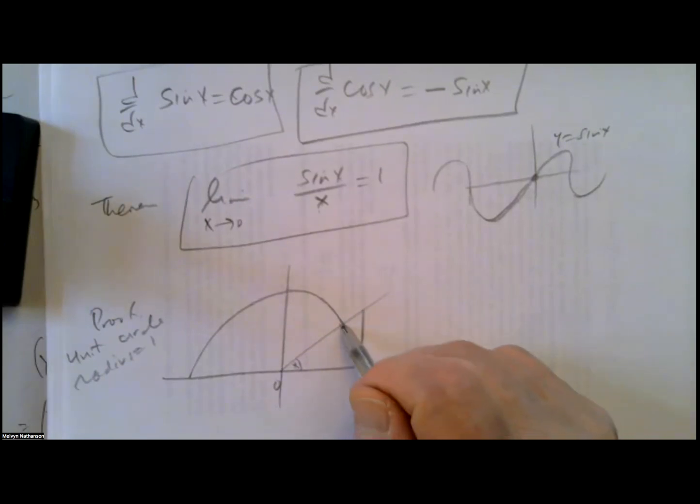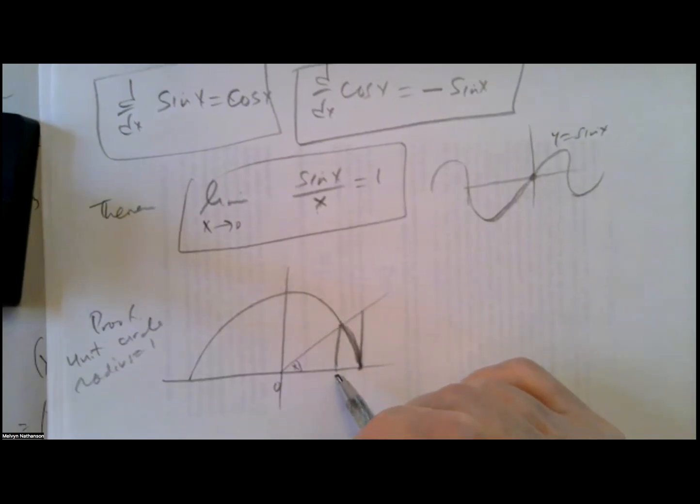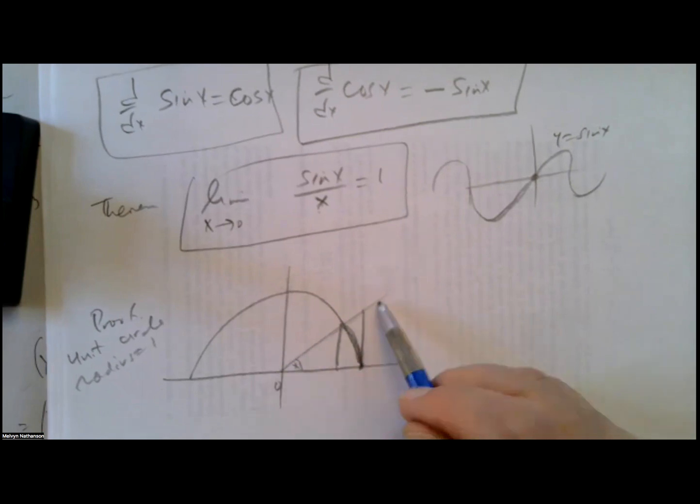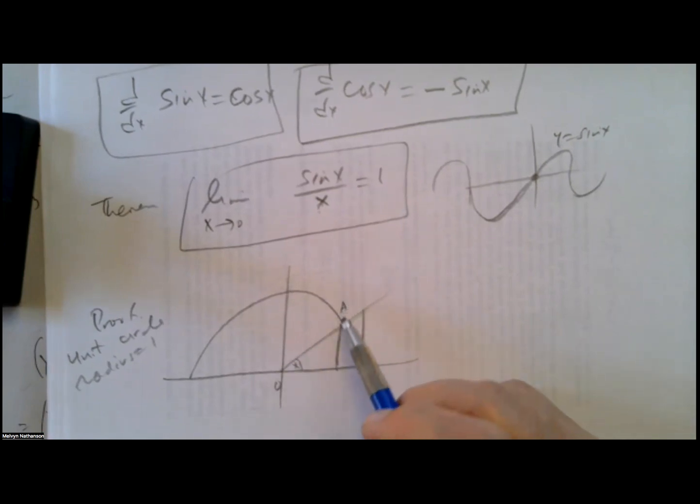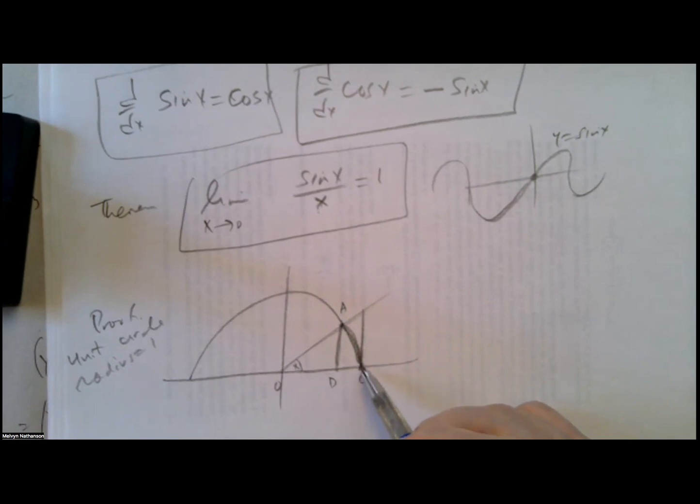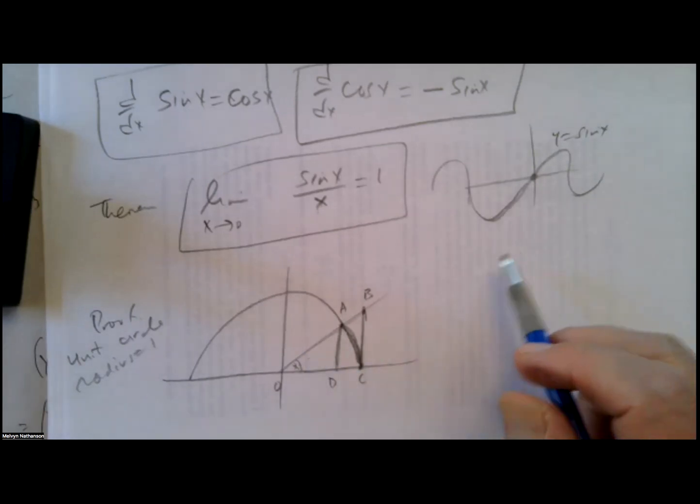Let's draw these two perpendicular lines. You take the angle x, where one leg is the positive x-axis, and this point where it hits the circle, we'll call A. And if you drop the perpendicular, this is D. This point C is where the circle hits the x-axis. You draw this perpendicular, and we'll call this point B. So here I'm taking an angle x in the first quadrant.